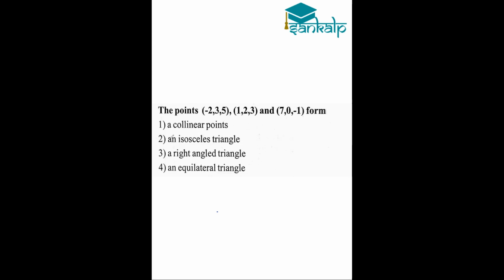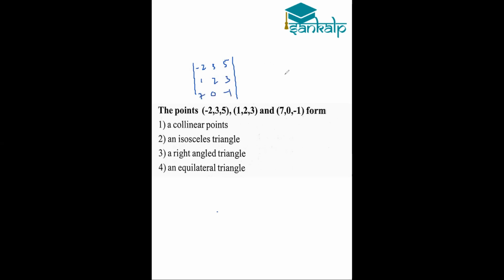If we need to check the triangles, we calculate the distances, and to check whether the points are collinear, we just write down the determinant of the vertices. So the determinant will be minus 2, 3, 5, next 1, 2, 3 and 7, 0, minus 1.